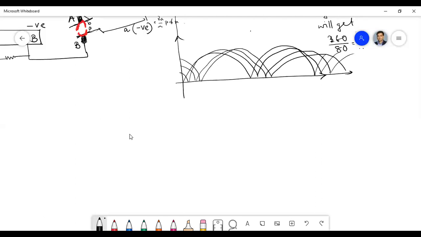How do we represent a DC machine? The symbol of a DC machine is like this.